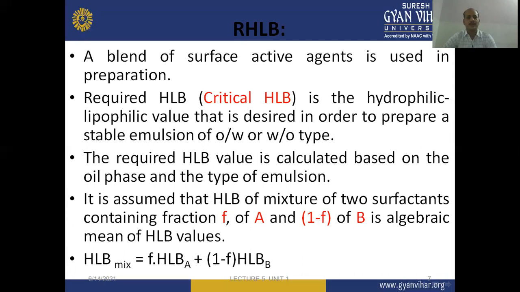So it is assumed that the HLB of a mixture of two surfactants containing fraction F of A and 1 minus F of B is the algebraic mean of HLB values.